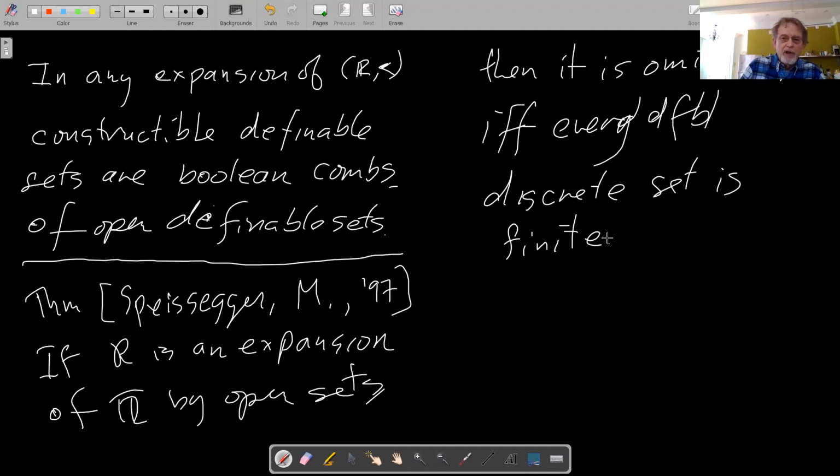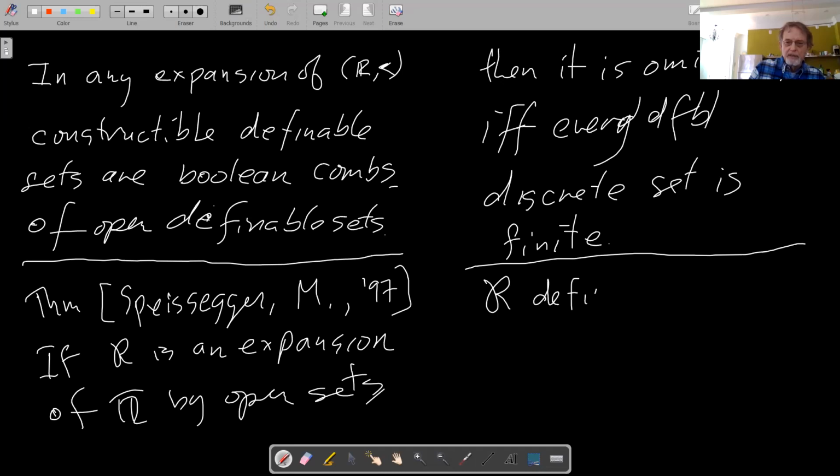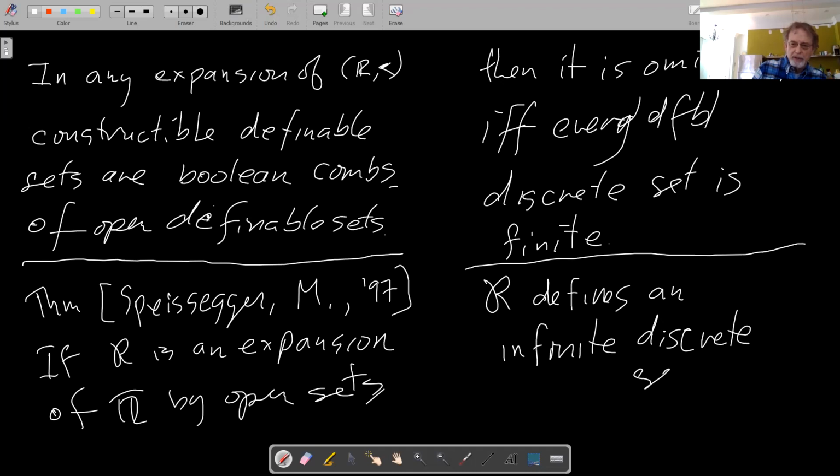Okay, so what we've got now, if we assume that our structure R is an expansion by constructible sets and it's not O-minimal, then it defines an infinite discrete set. Not just something with infinitely many connected components.